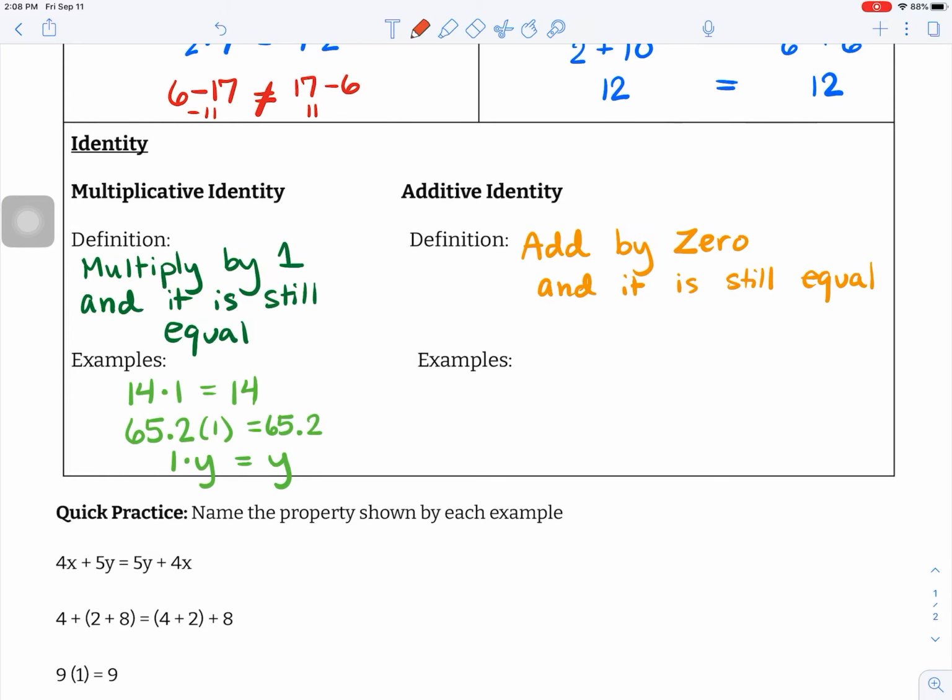So if you thought the multiplicative identity was a duh, Miss Powers, the additive identity is truly, truly obvious, but it is important to note. So what I mean by this is if I take 6y plus 0, that's just 6y, right? It doesn't change. If I take 0 plus 5, that's still just a 5.